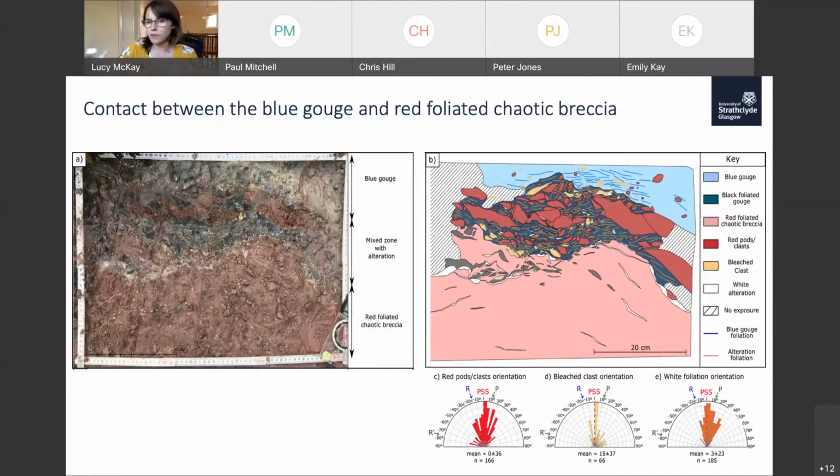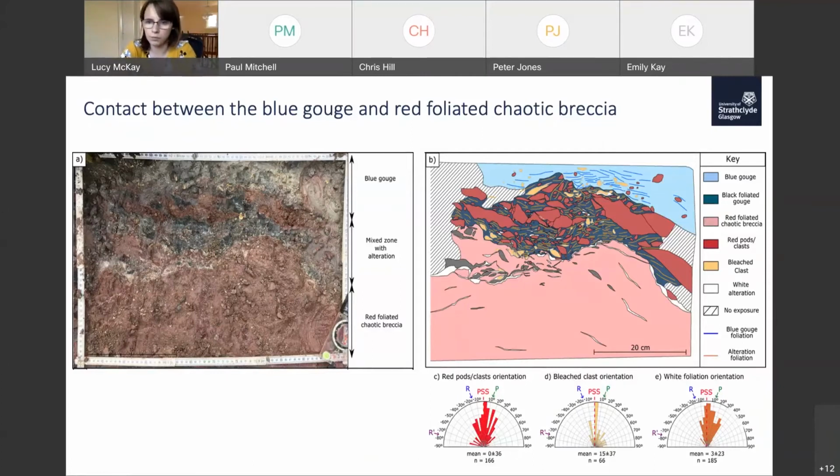So moving further up, you get into this red foliated chaotic breccia, but at the contact between the blue gouge and red foliated chaotic breccia, there's some alteration. So within the zones, there's pods of the red foliated chaotic breccia.